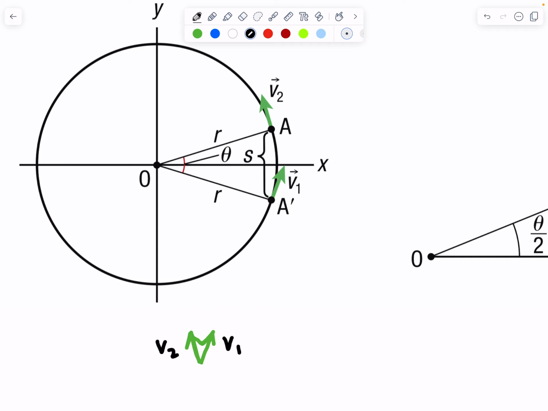We know that acceleration in general is equal to the change in velocity over time. So whatever the direction of this change in velocity is the direction of the acceleration.